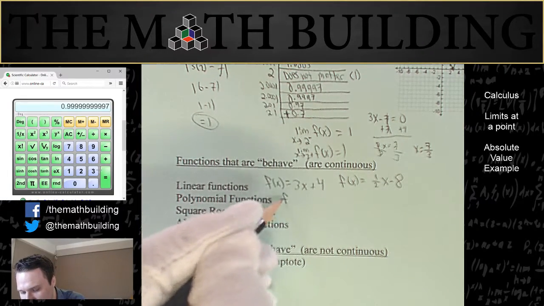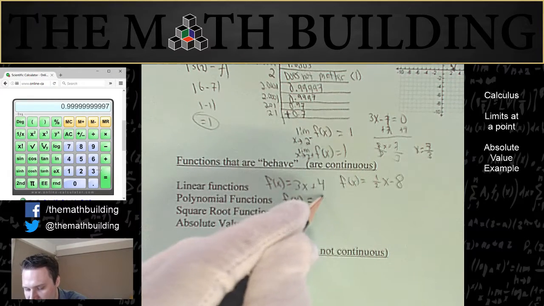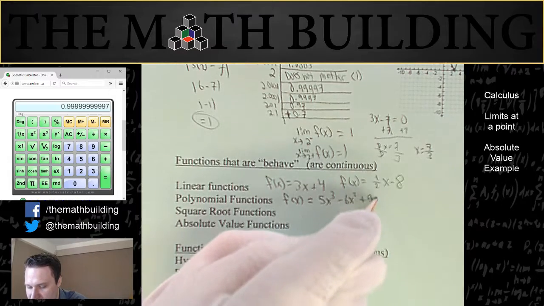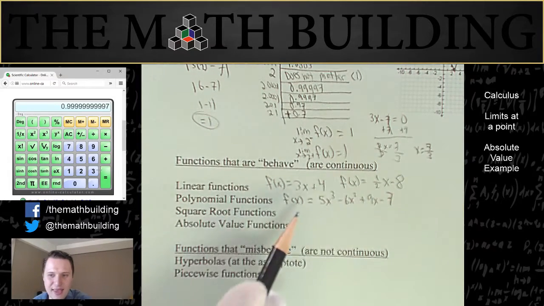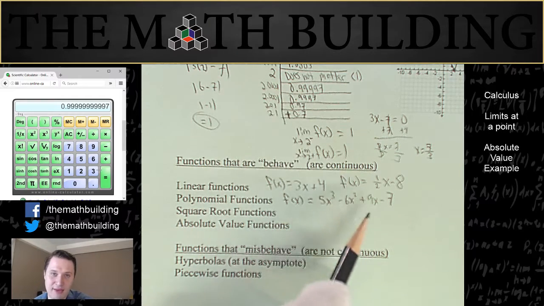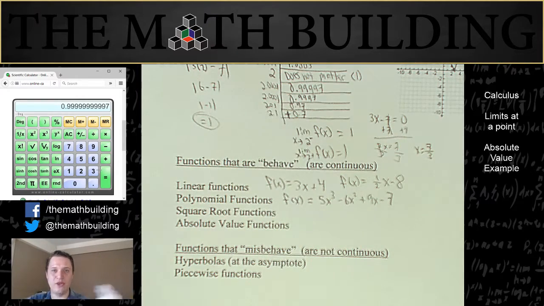Same for polynomial functions. Say you have the polynomial function 5x to the third minus 6x squared plus 9x minus 7. Even though we have a lot going on in this function, it's going to behave. The value is going to equal the limit that it's supposed to be.